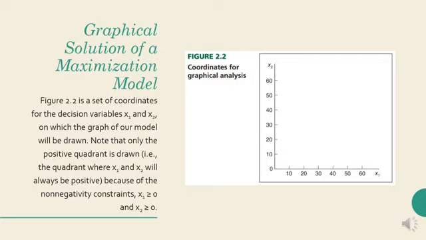Okay, sa example natin, for mugs. Yung naman horizontal axis is for x1, which is the bowls. Okay. Note that only the positive quadrant is drawn. Okay, the quadrant where x1 and x2 will always be positive because of the non-negativity constraints.